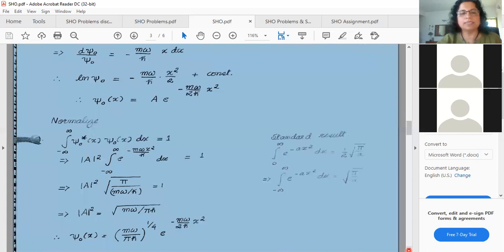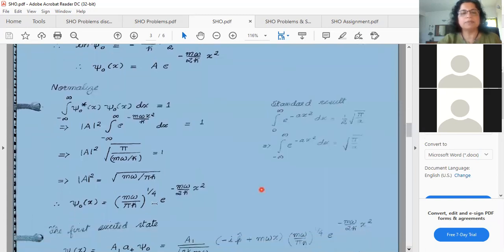If you normalize it, you will end up getting this particular value: m omega by pi h cross to the power of 1 by 4, times e to the power of minus m omega by 2 h cross x square. So it's a very, very easy way to get to the ground state wave function. And please note, you really haven't used your Schrodinger equation here. You've just used the fact that the lowering operator acting on the ground state will give you a null vector.